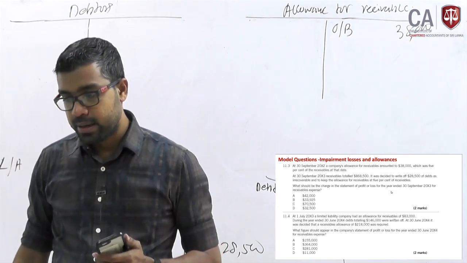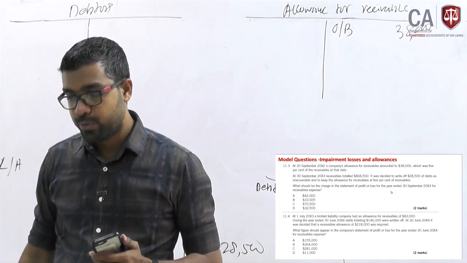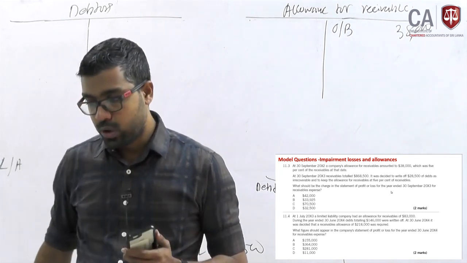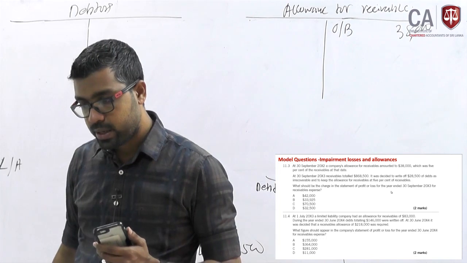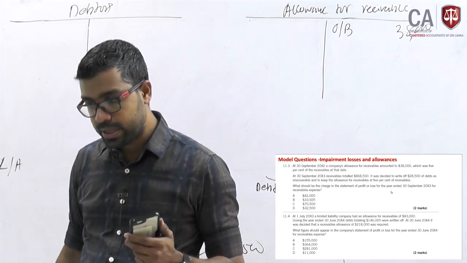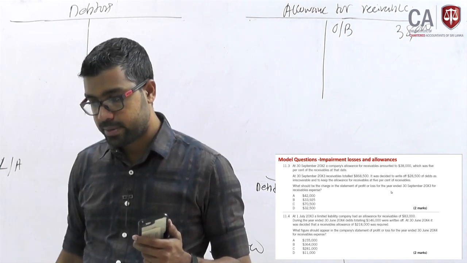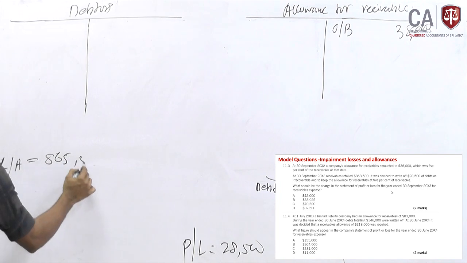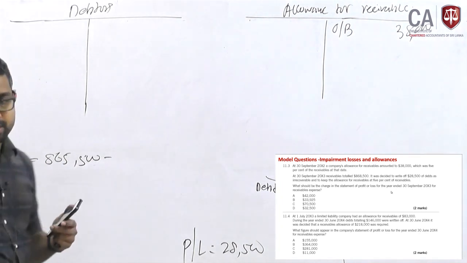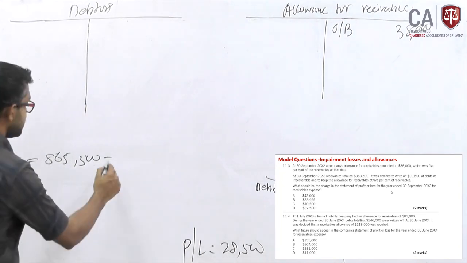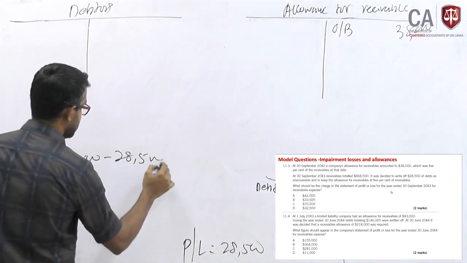And keep loss allowance for receivable at 5% of total receivable. Now the total receivable balance: 868,500 minus this 28,500 bad debt.